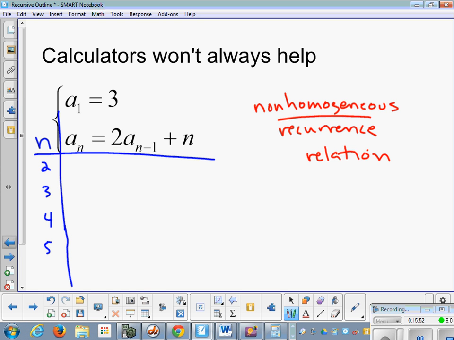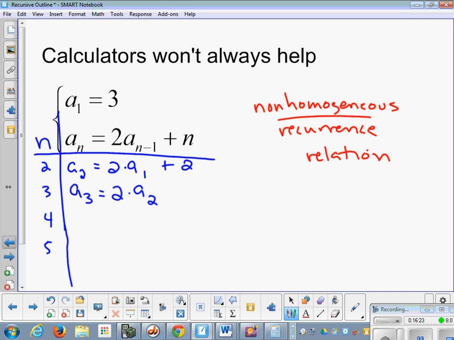All right, let's rewrite this statement with n being 2. A sub 2 equals 2 times a sub, let's see, 2 minus 1 is 1, plus, what was n? 2. Don't get excited. Finish the table first. Okay? A sub 3 is 2 times a sub 2.